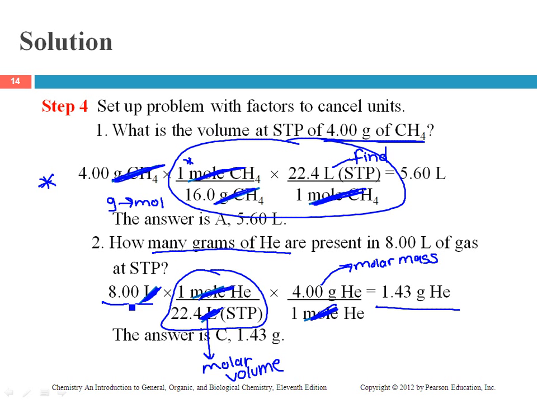Here we're given volume in this problem here, the third example, and we have 8 liters. We always write that out, and then we write out our units on the bottom. Okay, so don't forget whenever you write out what you know, you go ahead and put those same units on the bottom because you know that these have to cancel. Okay, and then we use our molar volume to go to moles.